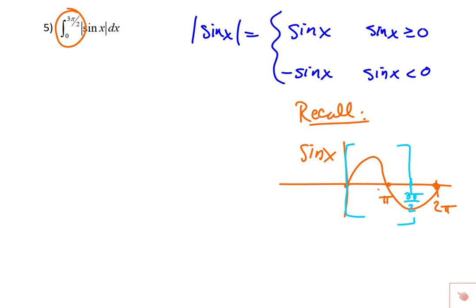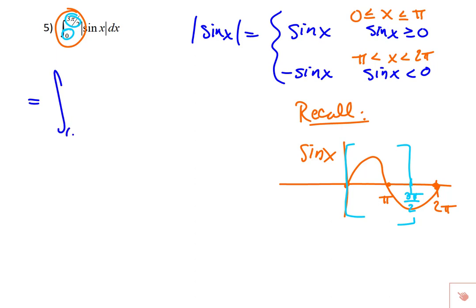Well, according to what we just looked at, that's the same thing as saying that x is between 0 and pi. Okay, and then secondly, where is sine of x negative? Well, that would be where x is greater than pi, but less than 2 pi. And so really we're only talking about those places. And so we're going to have to split this integral up, using these boundaries appropriately.